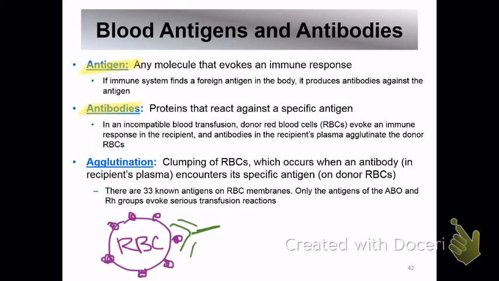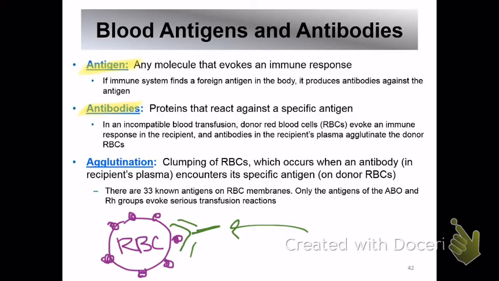So it says, in an incompatible blood transfusion, you have A blood and you got B blood transfusion. The donor red blood cells start an immune response in the recipient. So I have A blood, but I got B blood transfusion. And then the antibodies are going to all attack that foreign blood. And that would be bad. The antibodies, what they do, they attack it like this one shown here.